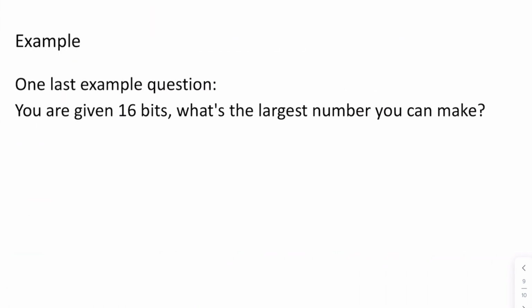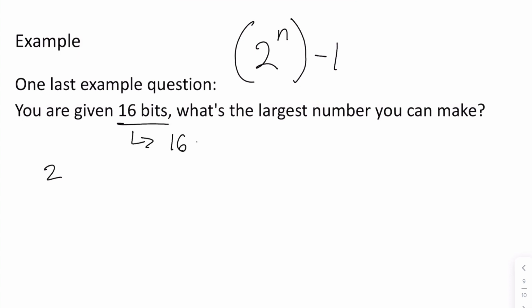Cool. Okay, so one last example question is, if you are given 16 bits, what's the largest number that you can make? Now, if we remember our previous equation that we just created, 2 to the n minus 1. What's n in this case? N is 16. So 2 to the 16th minus 1.